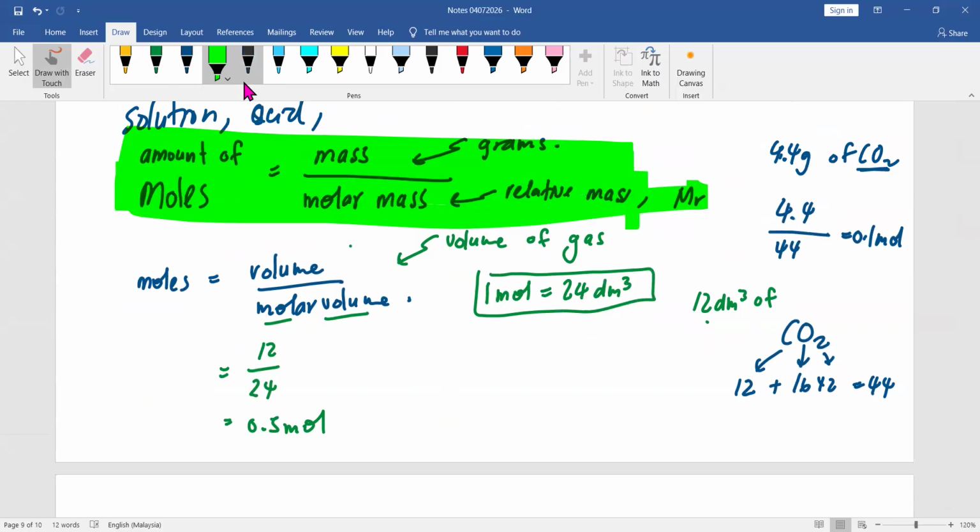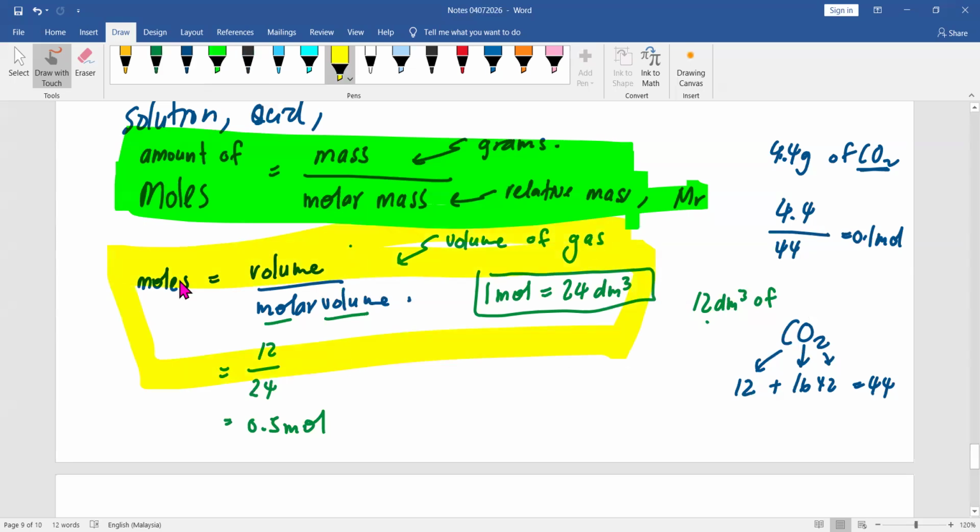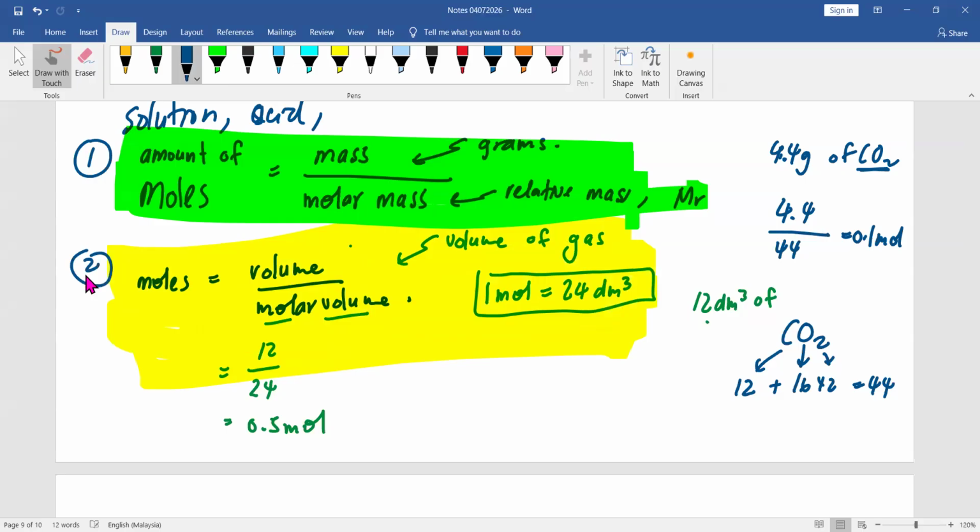And this one is specifically for anything that gives you a volume of gas. It has to be gas, so you don't confuse the formulas together. So volume and gas, and this one is mass only. Formula 1, mass over molar mass. Formula 2, volume over molar volume.